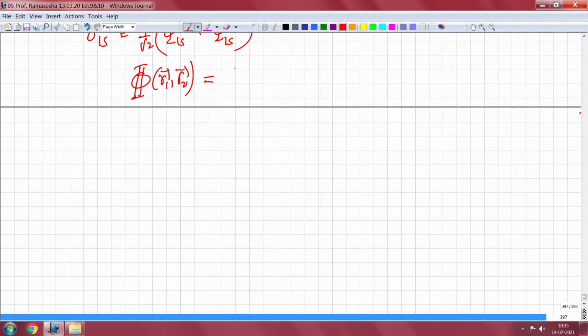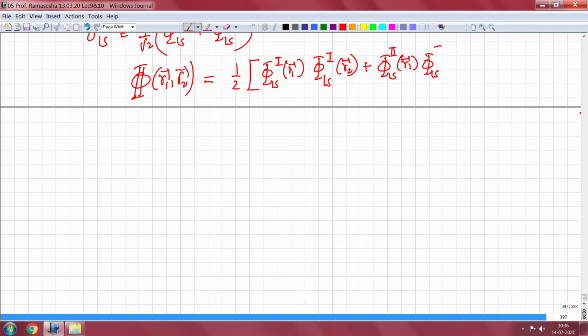After normalization, I will have 1/2 of phi 1s1 electron 1 phi 1s1 electron 2 plus phi 1s2 electron 1 phi 1s2 electron 2 plus twice phi 1s1 electron 1 phi 1s2 electron 2. What does it mean?